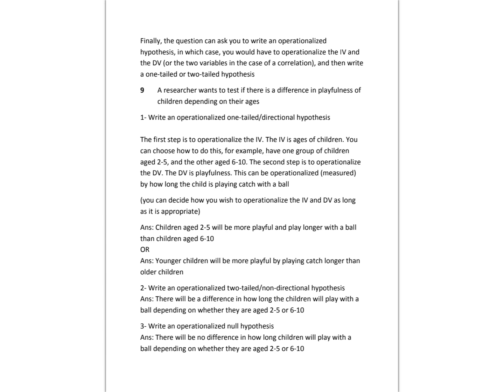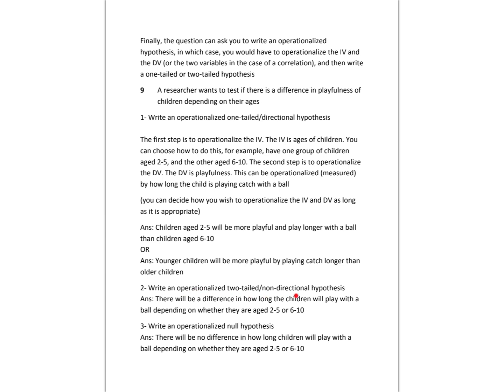Let's look at another way that you can operationalize it. Younger children will be more playful by playing catch longer than older children. Over here I've operationalized it as younger and older. I would go with this one because this is more detailed, and the more detailed your operationalization, the better. But both are correct.